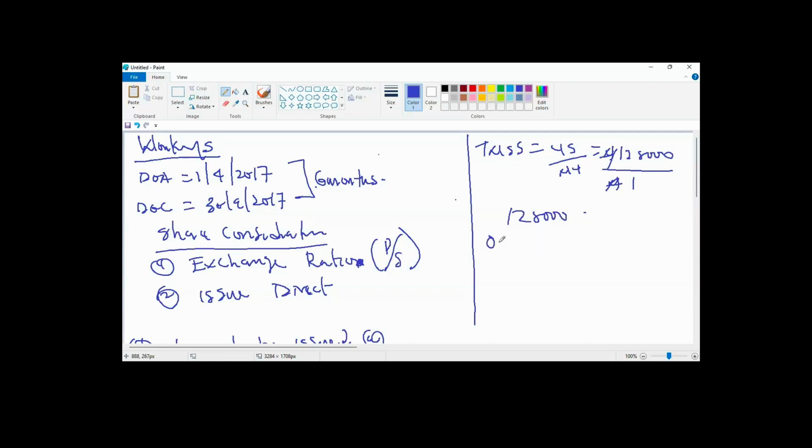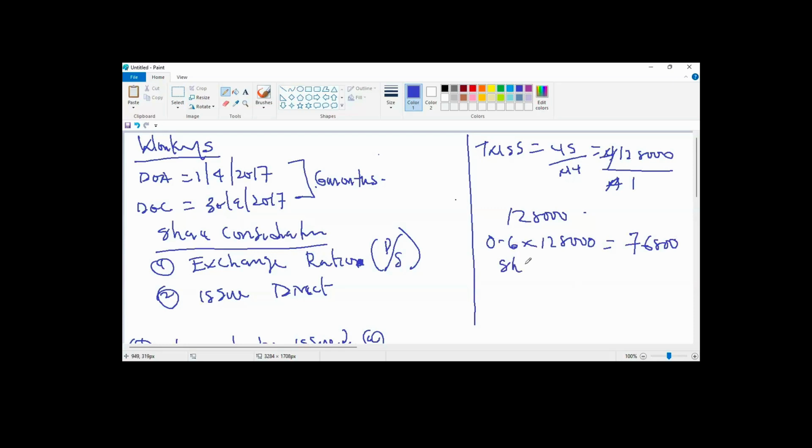He acquired 0.6 times 128,000, which is $76,800.